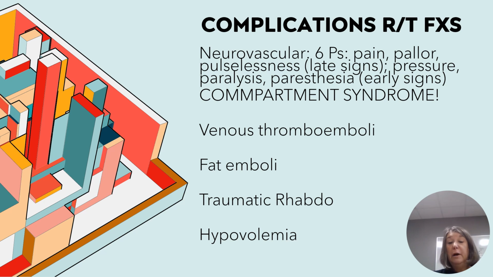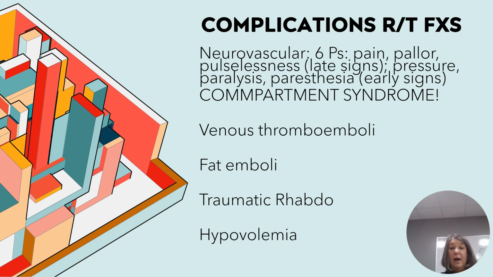We also worry about compartment syndrome if we've put a cast on somebody. If they continue to have swelling, and now we've put a cast on, which is a really rigid thing, now we really, really worry about the neurovascular signs and symptoms of the extremity below that cast.